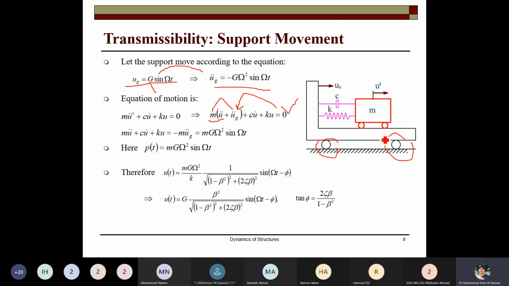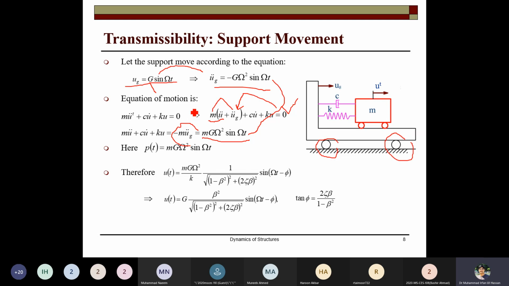So it means that when the ground is moving, MU, so this additional force M into UG is added, and when you take this force on the right hand side, it will be minus MUG, and this is equal to m g omega square sin omega t, ये इसके बराबर होगी. So when the ground is moving, then this will be the force which will be acting on the mass, and you can compute this P(t).